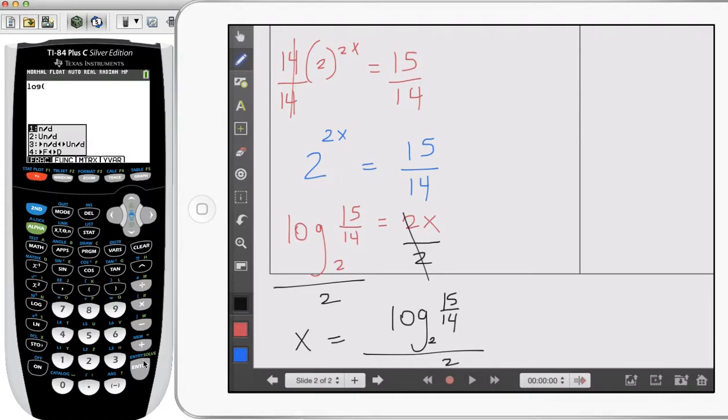To create a fraction, you press enter, and then this is going to be 15 over 14, okay? You need to move over to create a bigger parentheses, and this is going to be divided by log of 2, okay? So I use the change of base formula, log of the argument divided by log of the base. Press enter, and then whatever answer you have, divide it by 2.